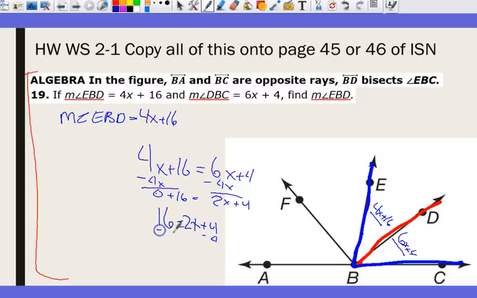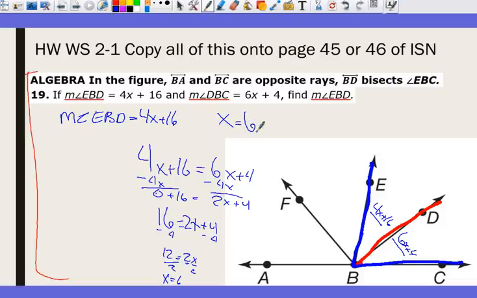Minus 4 on both sides. And we get 12 is equal to 2x. Divide both sides by 2. X is equal to 6. Good job.